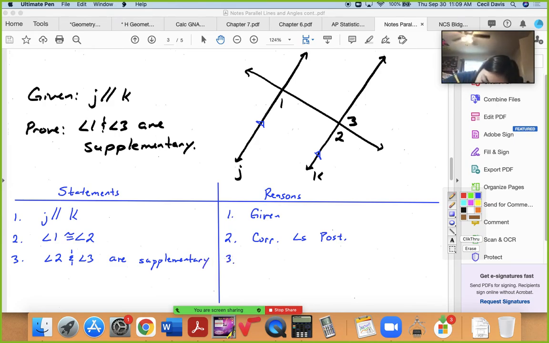And from our reason here, we'll say because the angles in a linear pair are supplementary. That's a short enough one to where I don't ever use the title.